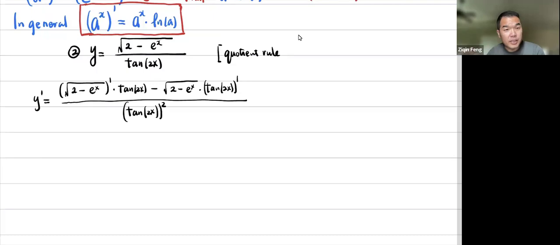Now you need to differentiate the numerator, which is root of 2 minus e to the x, and the denominator, which is tangent 2x.